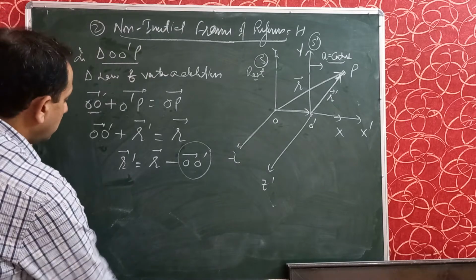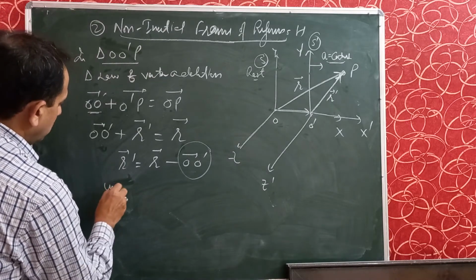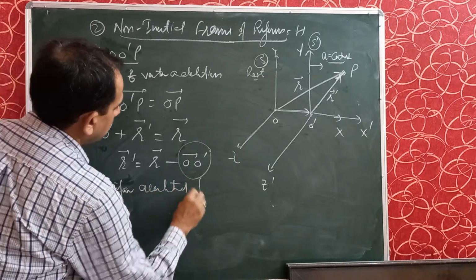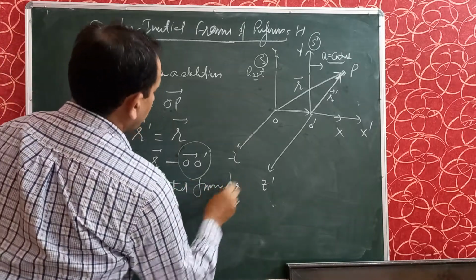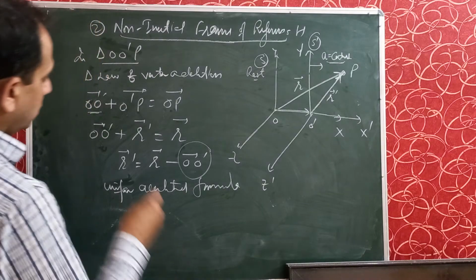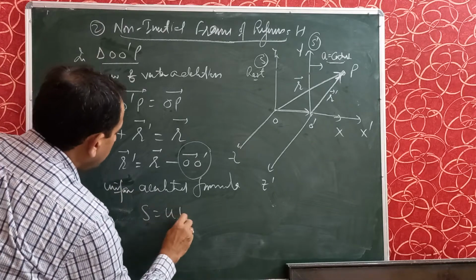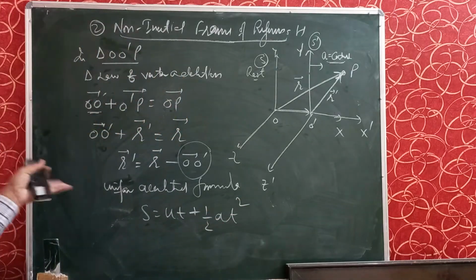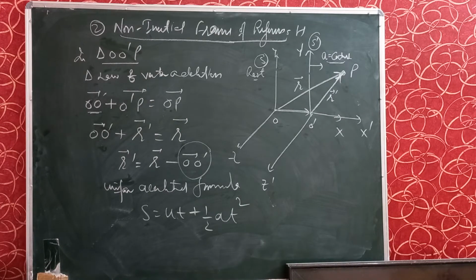Therefore, applying the formula for uniformly accelerated motion, we have studied these four formulae in the plus one class. I am using the formula s is equal to ut plus half at square. You know that this is the formula for uniformly accelerated motion.